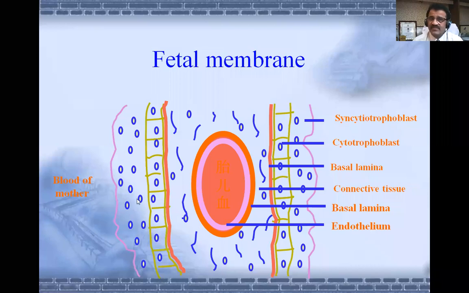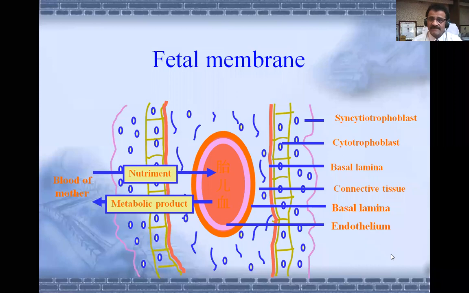You can see the different parts: syncytiotrophoblast, cytotrophoblast, basal lamina, connective tissue, basal lamina, endothelium. This is in more detail. And here you can see the nutriment and metabolic products.